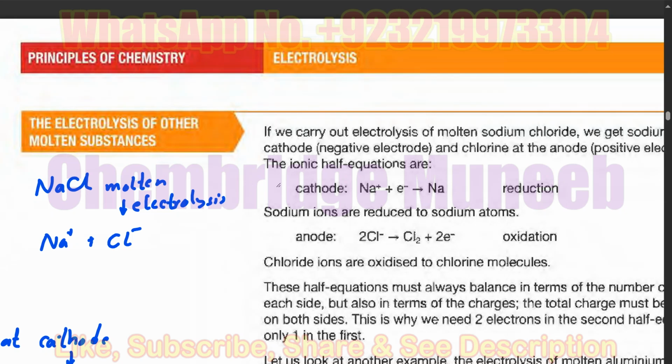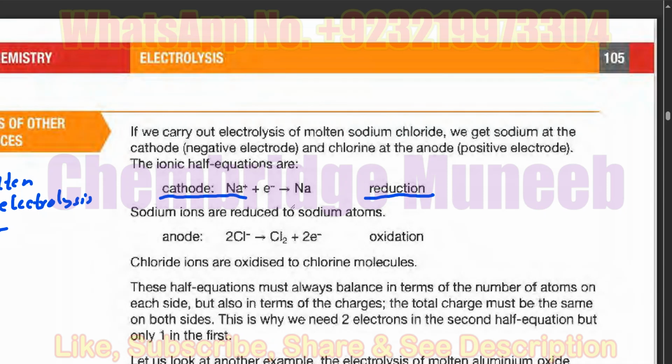The sodium ion will go towards the cathode, and on cathode we have the reduction reaction, and as a result of this reaction the sodium metal will be produced. It will definitely be in its liquid form.